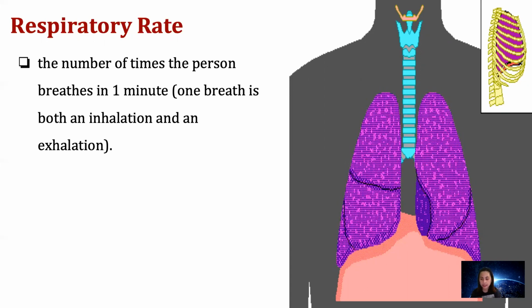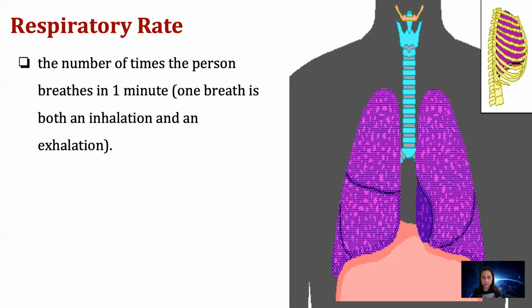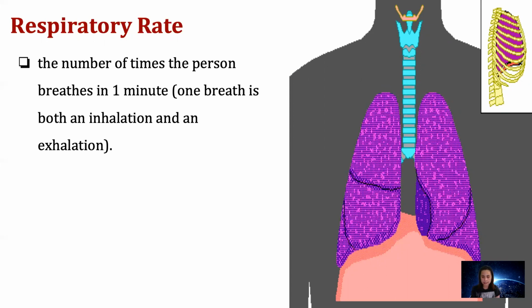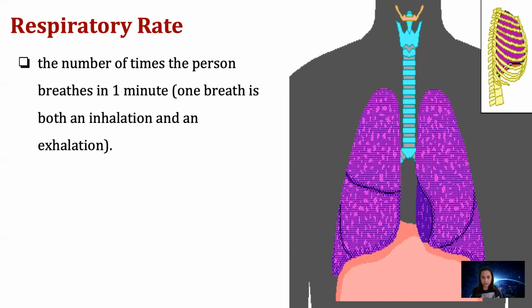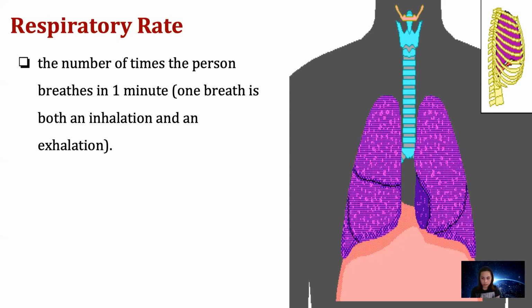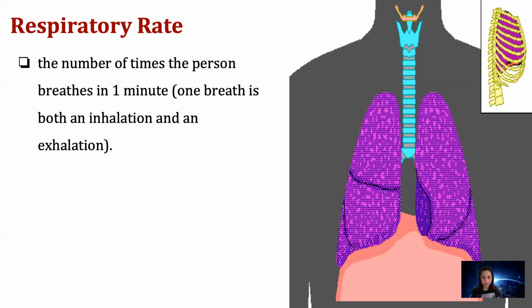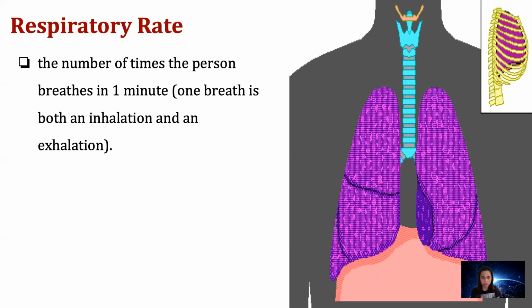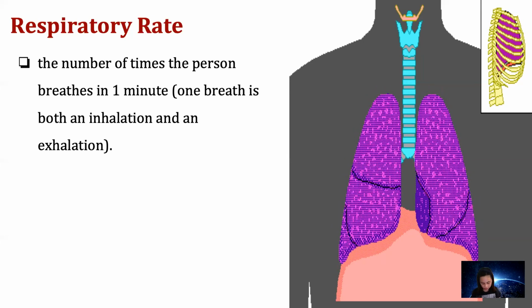So when you check respiratory rate, one cycle is one inhalation and one exhalation. Inhale, exhale, so it will be counted as one, not 1, 2, 3, 4. It's not like that. So 1, 2, 3. So that will be respiratory rate.